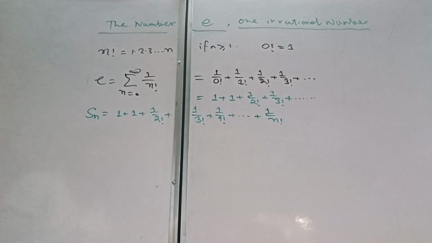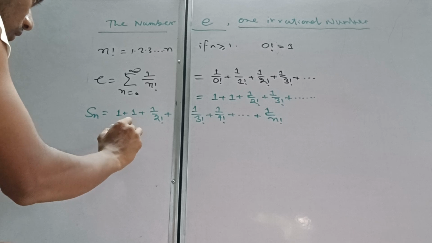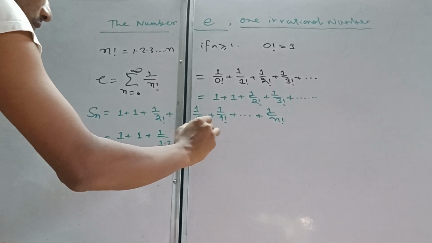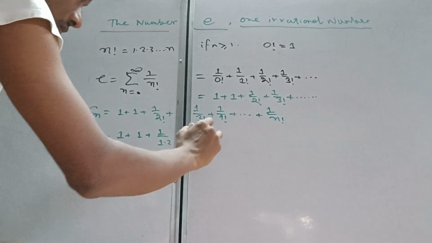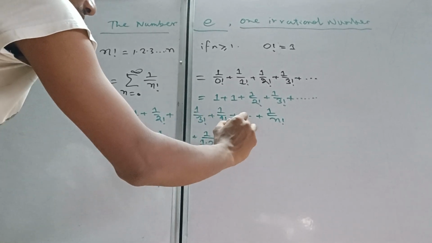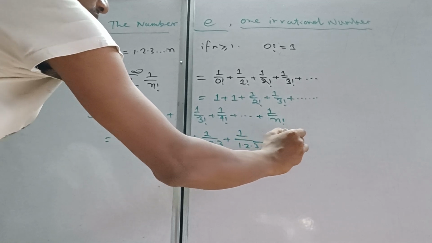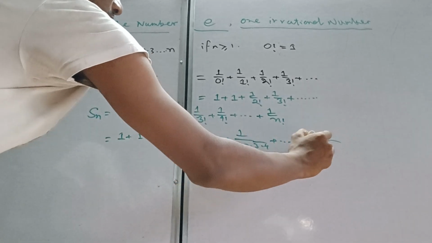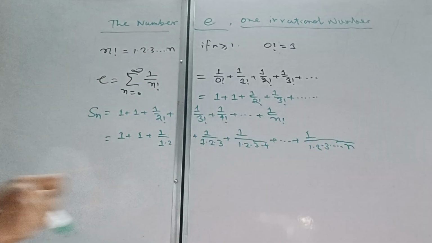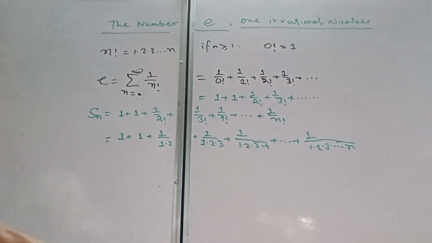That equals 1 plus 1 plus 1 by 1·2, 1 by 1·2·3, 1 by 1·2·3·4, up to 1 by 1·2·3 up to n, multiplied by n, that is, 1 to n.